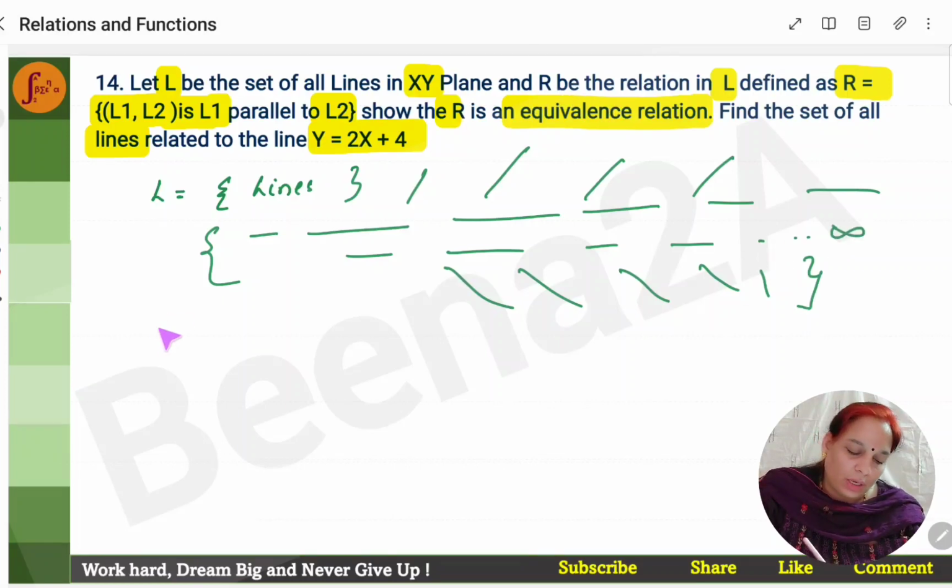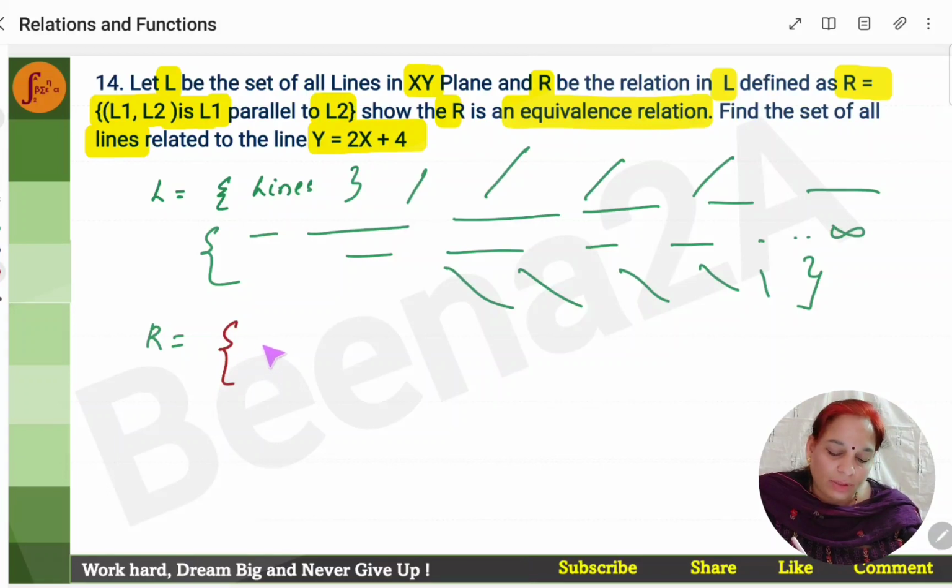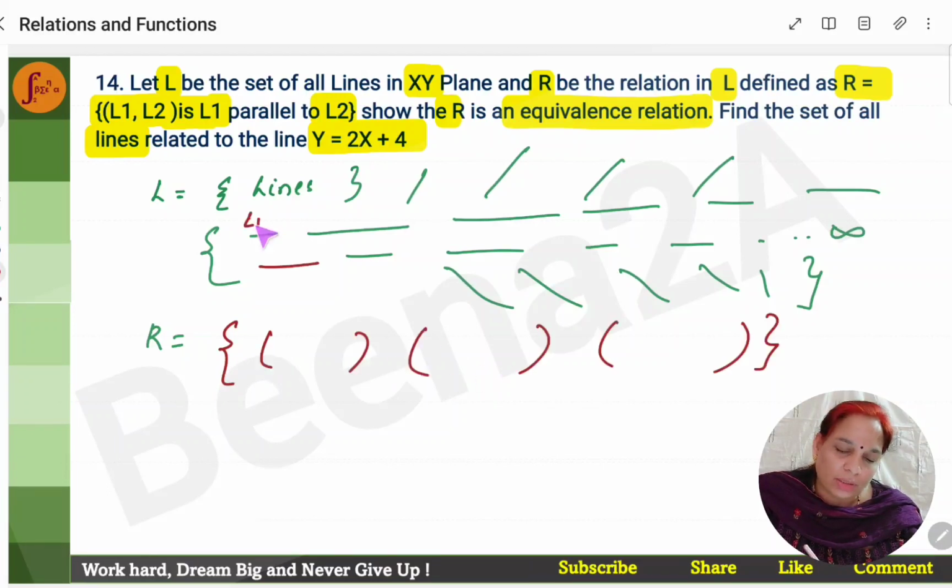Now, what is the relation? R is given as L1 is parallel to L2. So R will have pairs of lines. Suppose this is L1, this is L2, this is L3, L4, L5 and so on. The relation between the two lines should be that the lines should be parallel to each other.